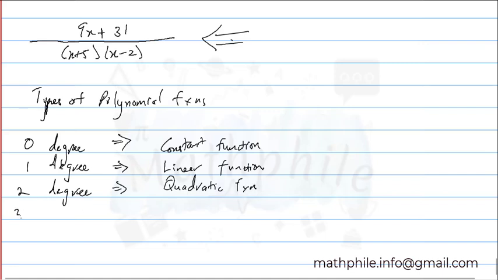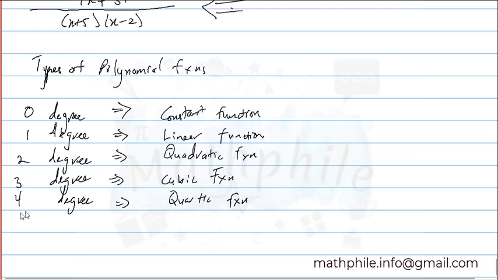A third degree? Cubic. A fourth degree? Quartic. And a fifth degree? Quintic. Okay.